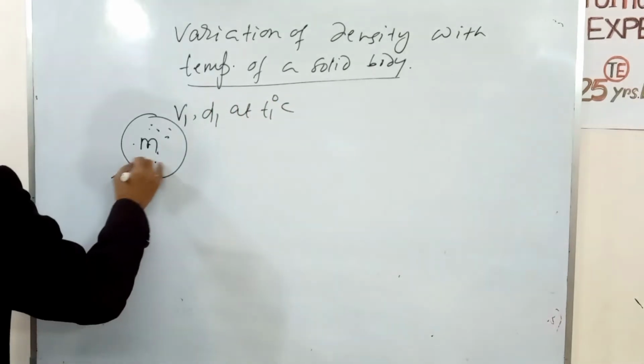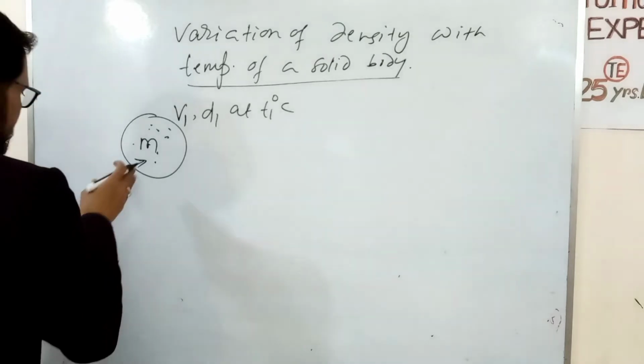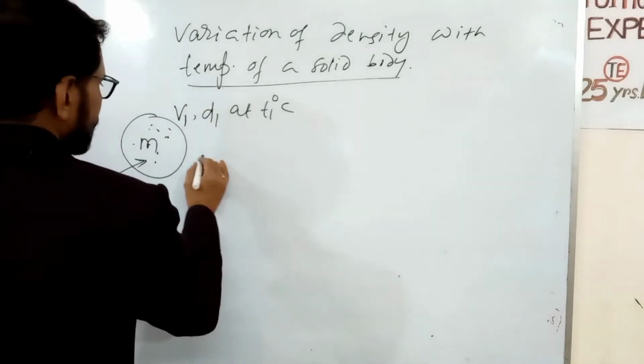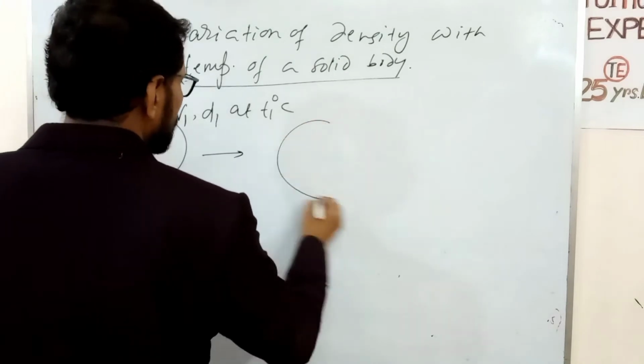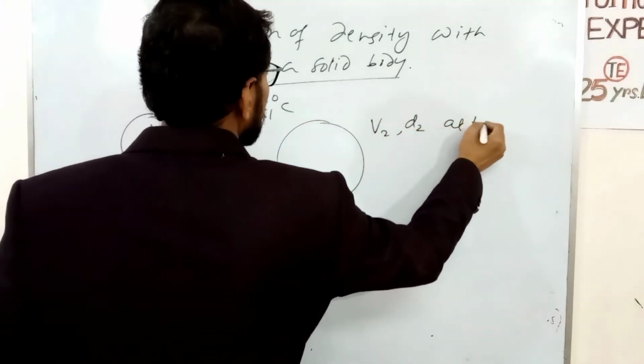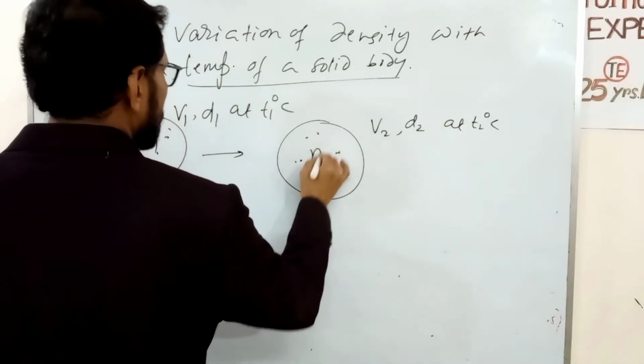Now if we heat it, if some heat is supplied to the body, then the volume will be V2, density D2 at T2 degree centigrade, but the mass of the substance remains the same.